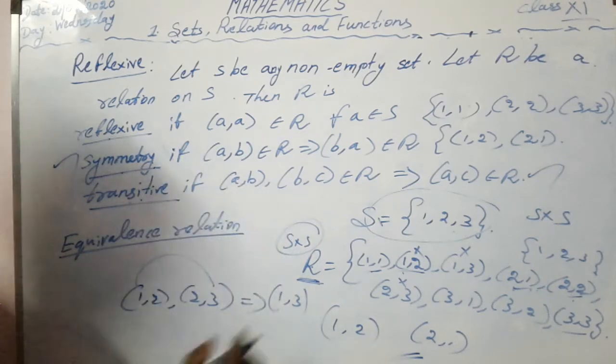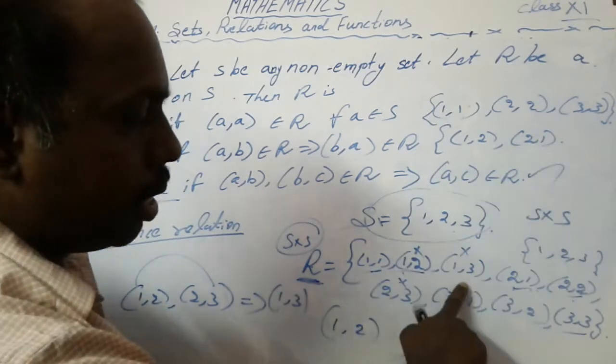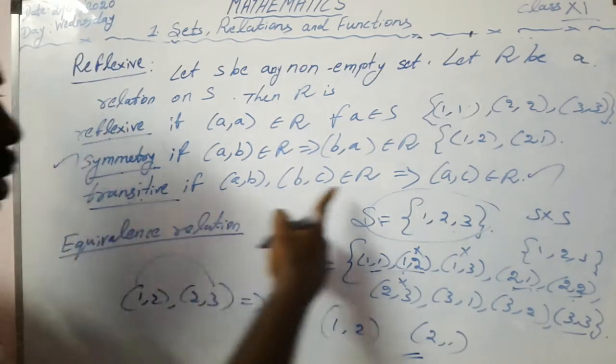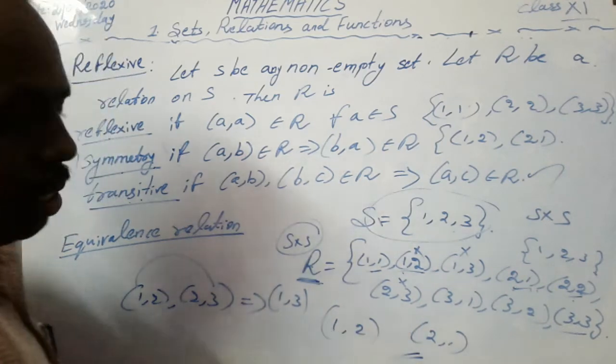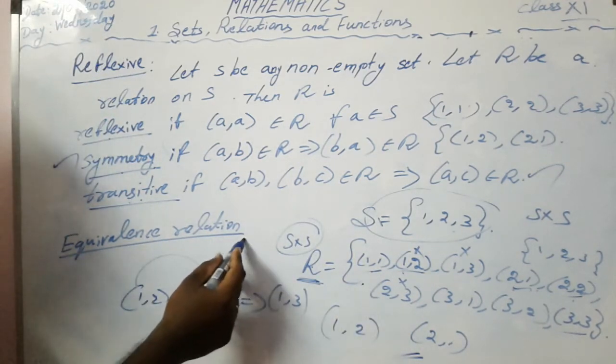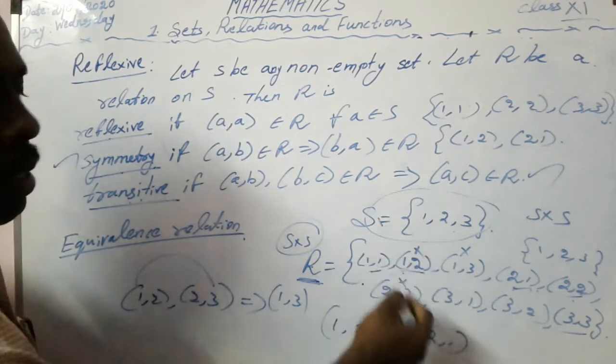Whether it is symmetric: if I take (1, 2), (2, 1) is there. And whether it is transitive, yes. So you can say this relation is an equivalence relation. So if they ask for the definition, you can write this example itself.